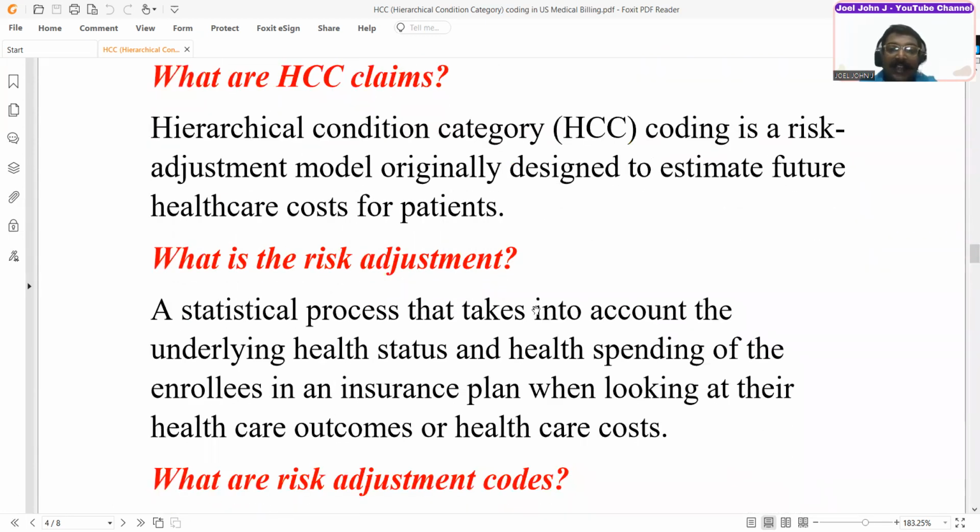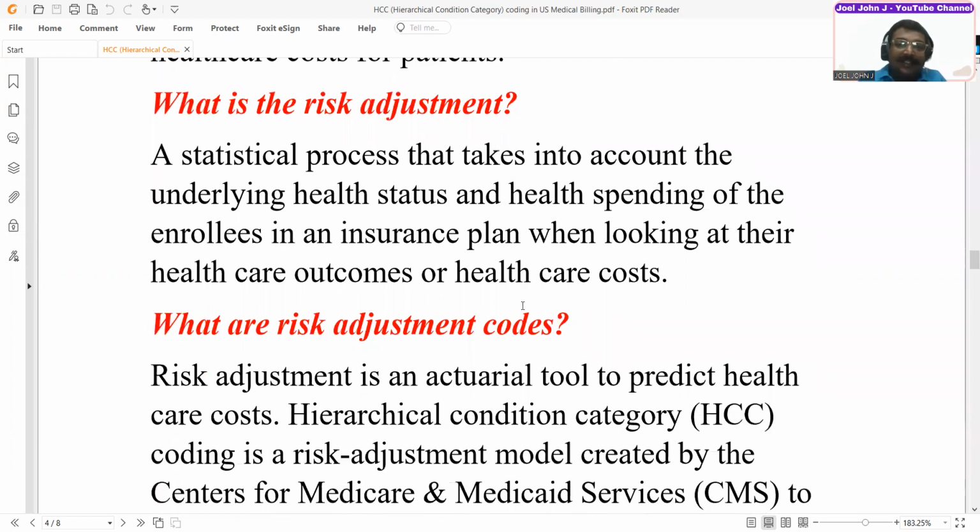What is HCC? Hierarchical Condition Category (HCC) coding is a risk adjustment model originally designed to estimate future healthcare costs for patients. What is risk adjustment? A statistical process that takes into account the underlying health status and health spending of the enrollees in an insurance plan when looking at their healthcare outcomes and healthcare cost.